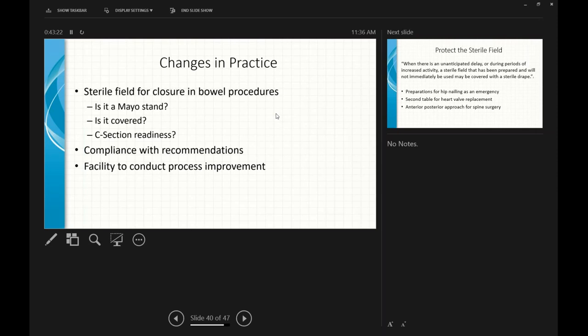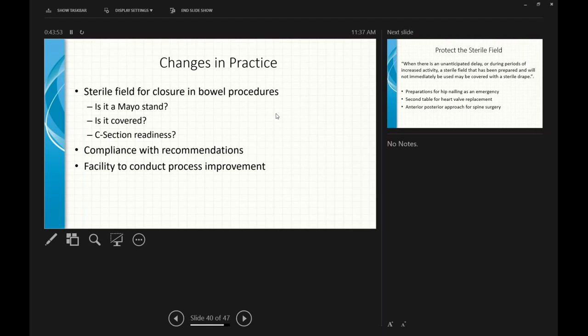And now it's gone full circle and it's going back to that. And a sterile Mayo is set up and moved aside to make it ready for closure so it didn't extend the period of time of the case. So it can be a Mayo stand or it could be a table. And is it covered? To keep it clean, because if it's sitting there and people are walking by within a 2 or 3 hour period of time, it's definitely contaminated.